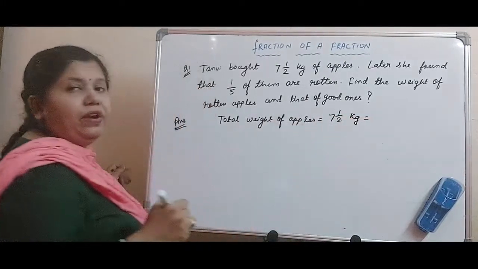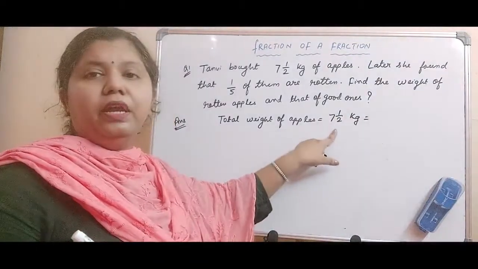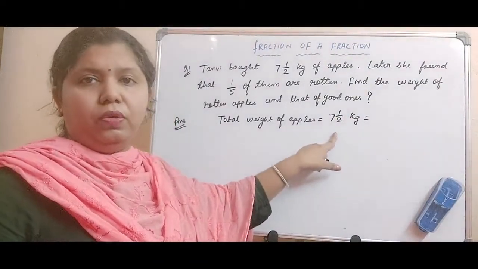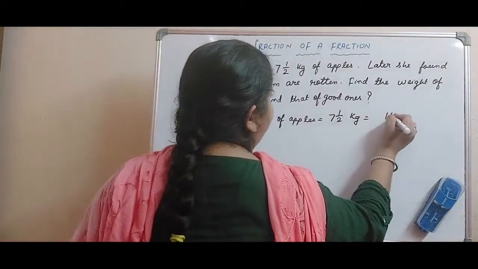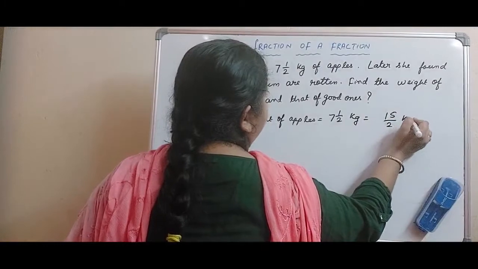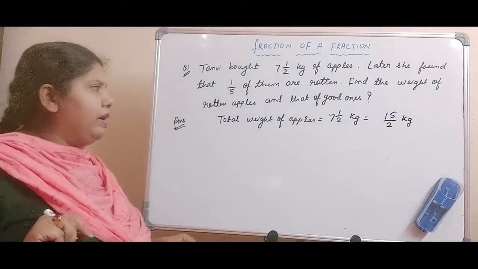This is in mixed form. You need to convert it into improper fraction. So 7 twos are 14 plus 1, 15. 15 by 2 kg. This is the improper form of writing 7.5 kg.